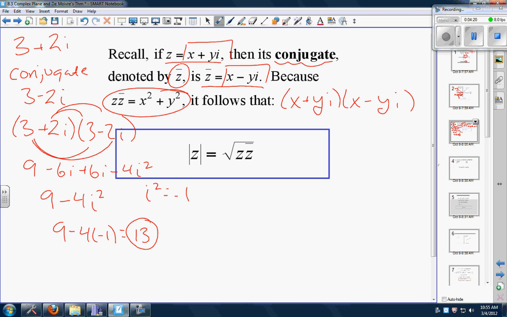So the magnitude of that guy is just the square root of the original times the conjugate. Okay? So if we know this is the same thing as x squared plus y squared, we can just do a little substitution here and say magnitude is the square root of these guys. Because really, that's what they're doing.